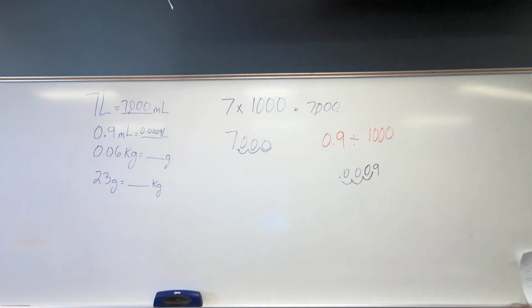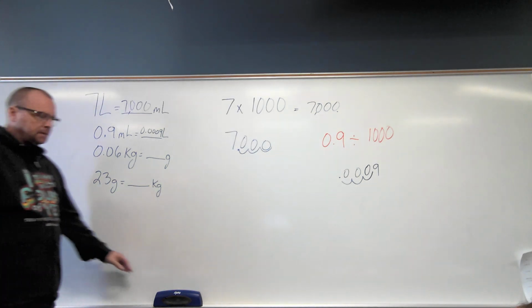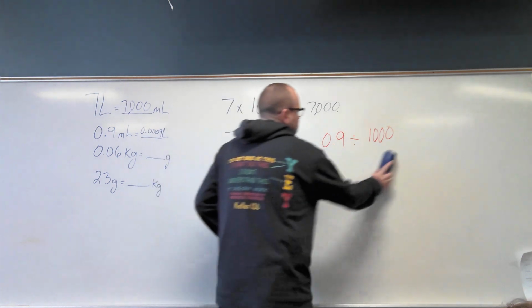Remember, bigger to smaller unit, multiply; smaller to bigger unit, divide. And if we're doing that, it's just moving the decimal point. Easy peasy raw chicken squeezy.